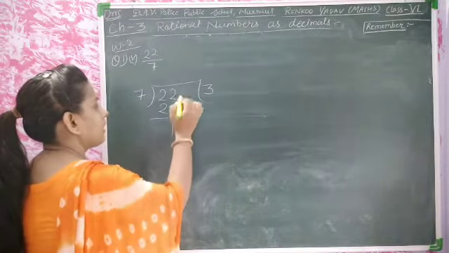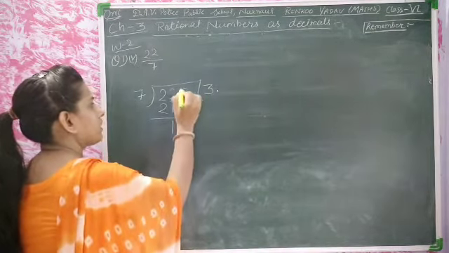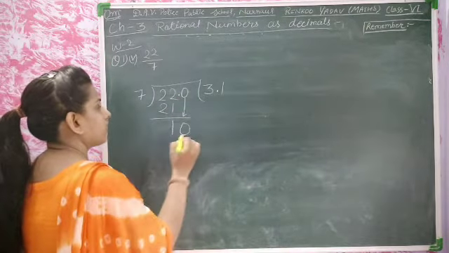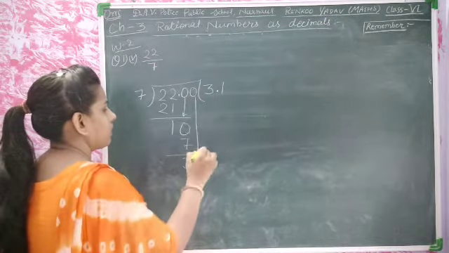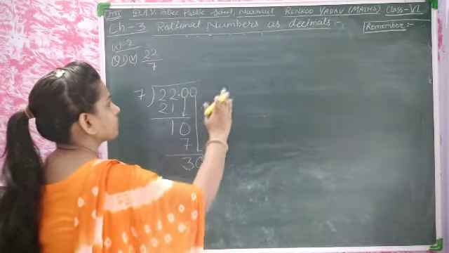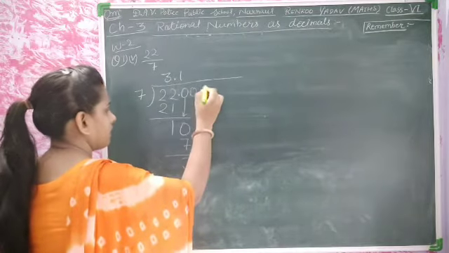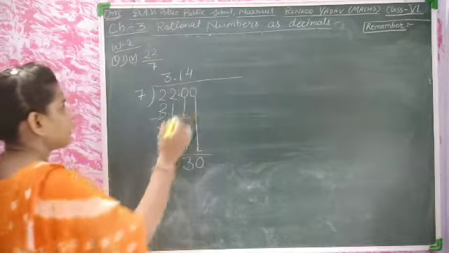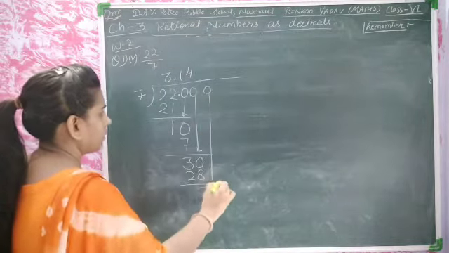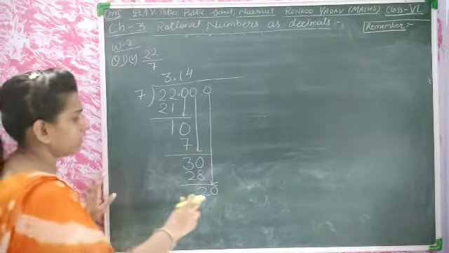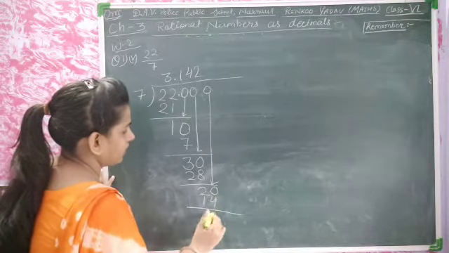There is the remainder 1 and now there is no number, so placing here the decimal and then taking here the 0. 7 1s are 7 and there is a remainder 3, and again we will place here the 0, and now again 7 4s are 28 and there is the number 2. Now again placing here the 0, and we get 7 2s are 14, and now it's getting here 6.